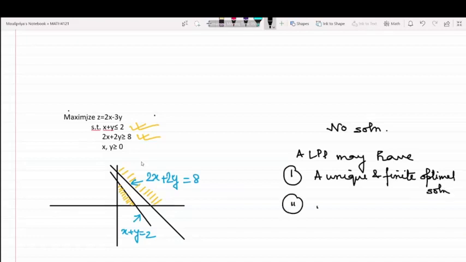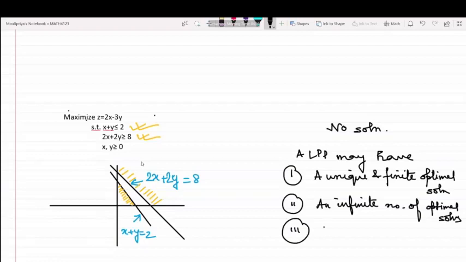Number two, infinite number of optimal solutions. Number three, unbounded solution. And number four is no solution. I hope I am okay with this. Yes, ma'am.